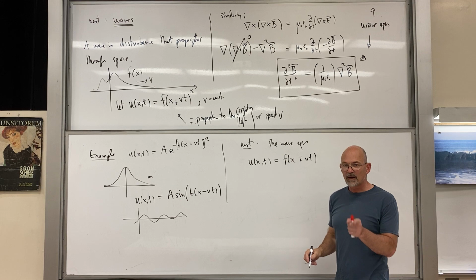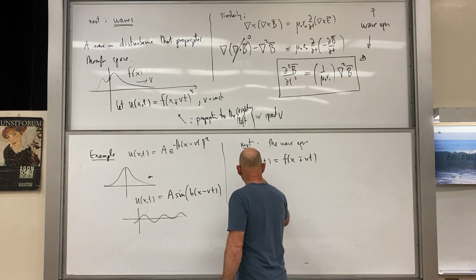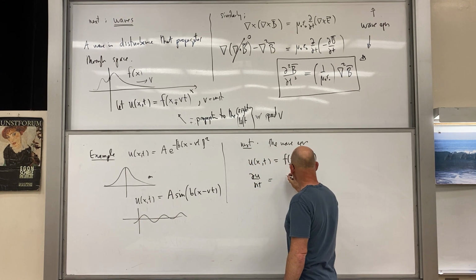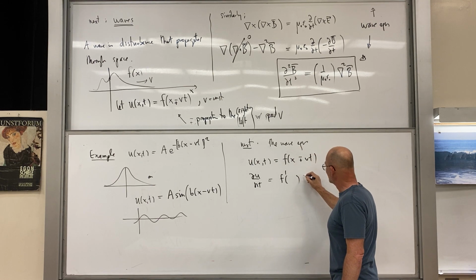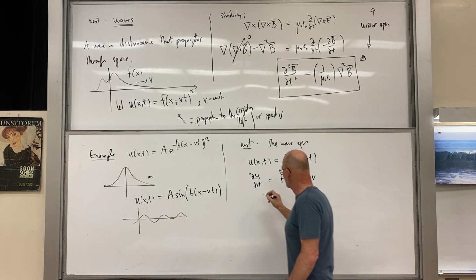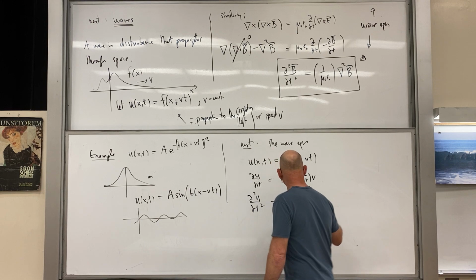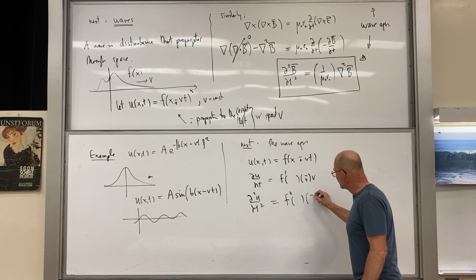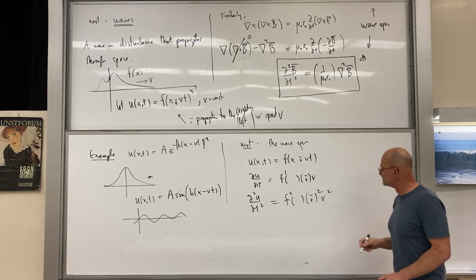So let's take two time derivatives and we'll take two spatial derivatives. du/dt is equal to f prime of the argument times minus or plus v. d squared u/dt squared is equal to f double prime of the argument times minus or plus v squared, so v squared.